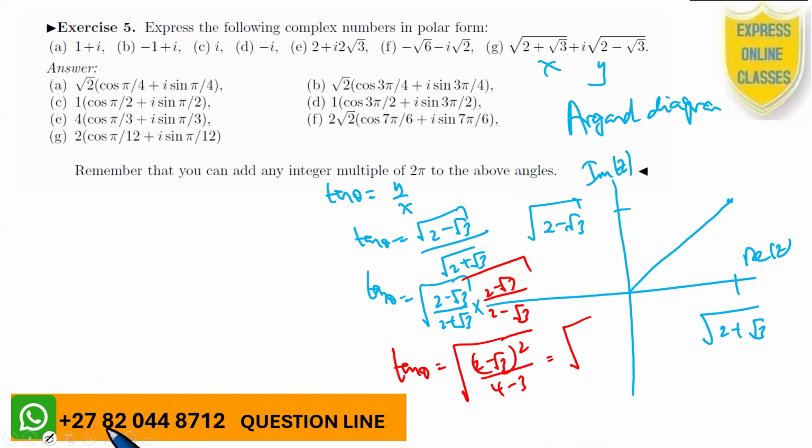Which is 1 in the denominator, and the top you take the square root of it, which is exactly 2 minus the square root of 3.